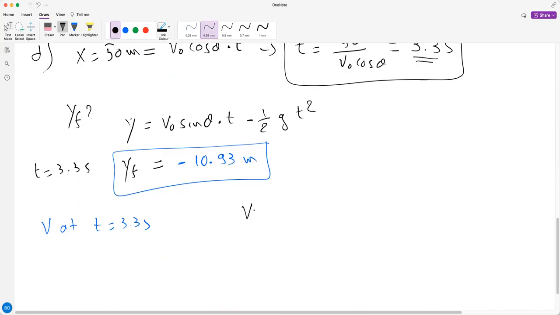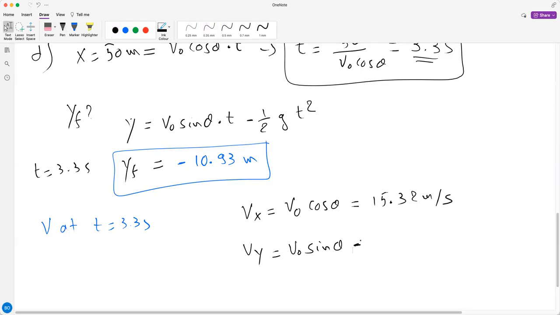In the x direction, vx is v0 cosine theta, so the velocity is constant, 15.32 meters per second, and vy is equal to v0 sine theta minus g t, and t is 3.3 seconds.